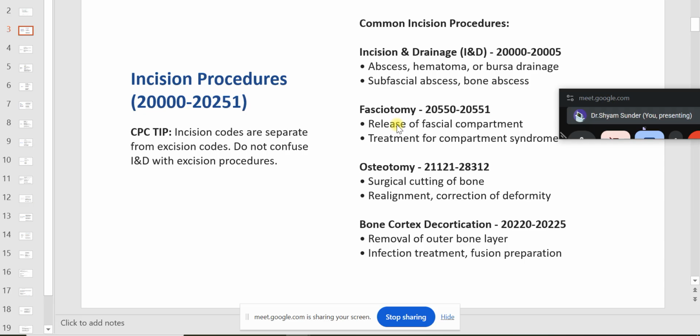Then fasciotomy, within the muscle, or sometimes the abscess can happen within the bone. You have to open the bone. That is called osteotomy. Osteotomy is opening the bone. Otomy, the suffix, refers to opening. Osteo refers to bone, right? So these are the incision procedures within different structures like fascia, bone. The joint also will be opened sometimes, right? Opening of the joints, what do we call it? Arthrotomy. Arthro refers to joint. Arthrotomy is incision within the joint. So this is how you'll see the codes.